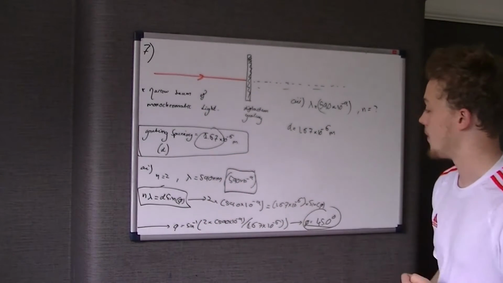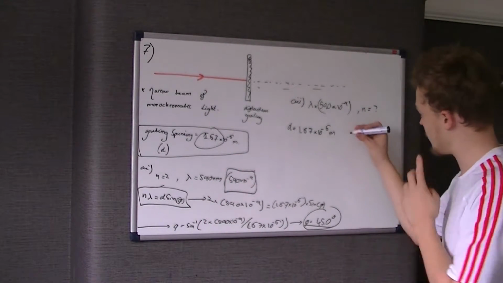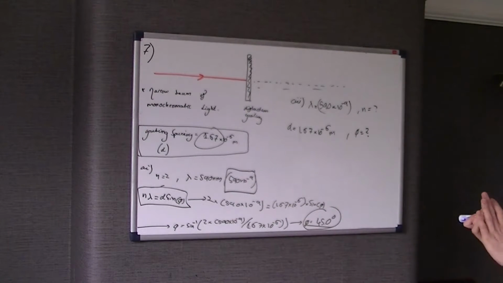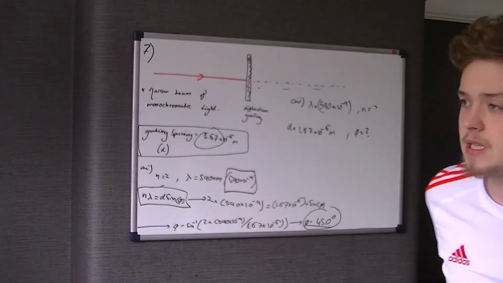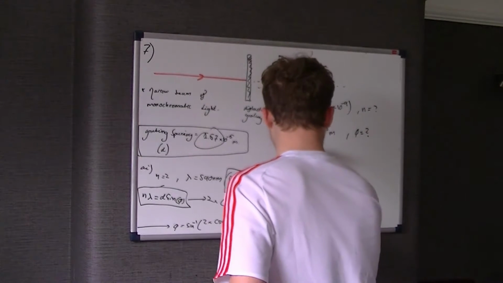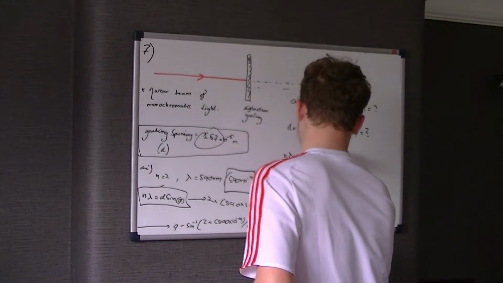And we don't know the angle of diffraction, because we're going to prove that it can't be done. Now you may be going, well, we've got 2 unknowns there, so we need 2 equations, and we can only come up with one equation using the idea that n lambda is equal to d sine theta.